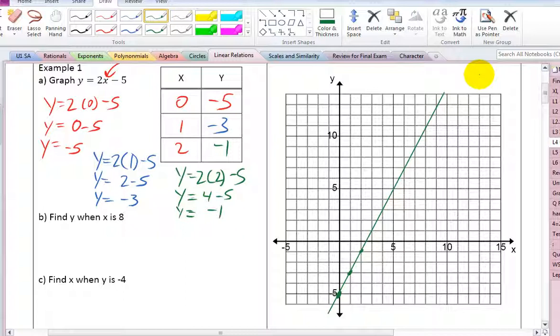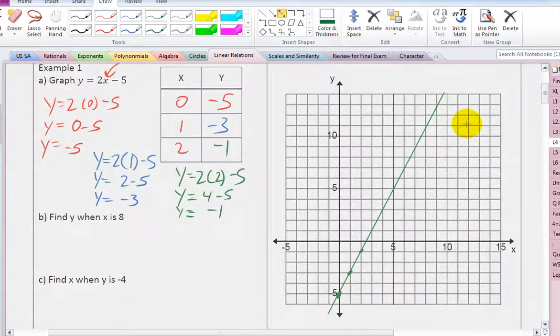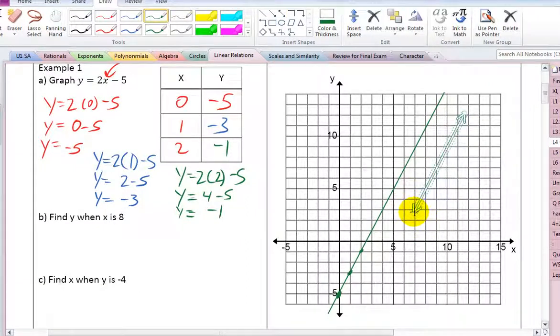In grade 10, we talk about the domain and the range. Now, if you do make a short line, you should put arrowheads on it. The problem with that is you're not going to see all your answers for grade 10. So make a long line. Don't make a short line.